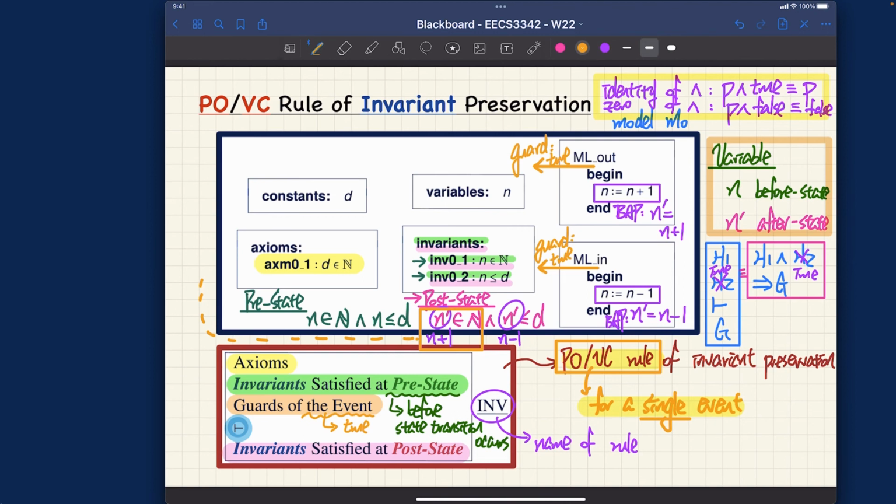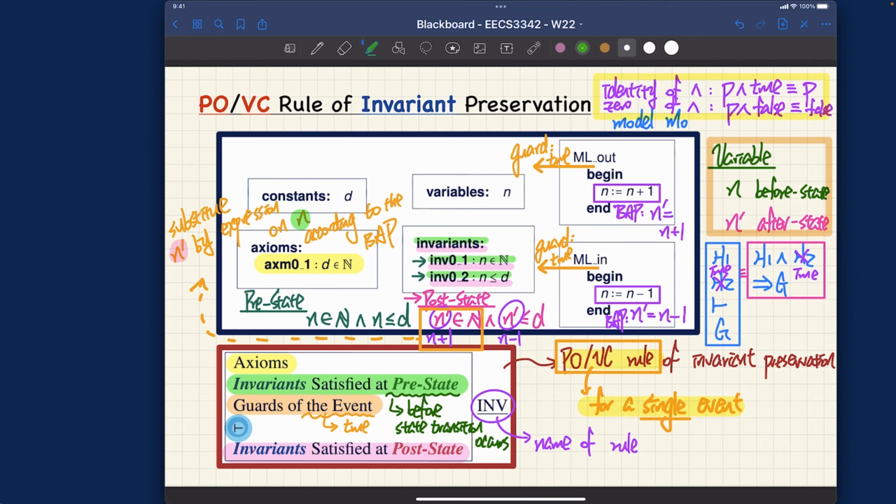Basically we are trying to substitute n prime by expressions on n according to the before-after predicates. We're substituting n prime, which is a post-state value, by an expression on n, which is a before-state value.